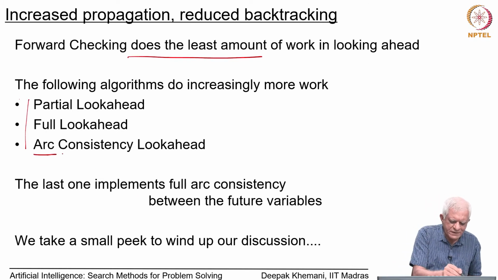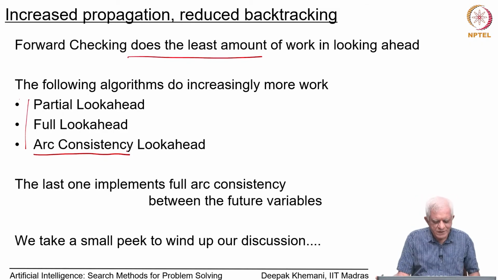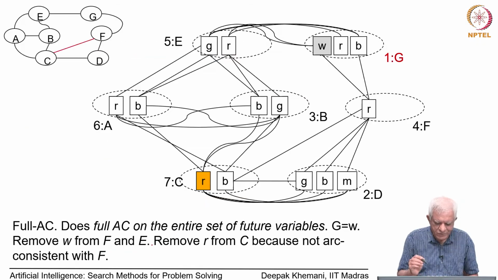The last one does full arc consistency, and we will just see a glimpse of what happens when we use this form of look ahead, which does more work than forward checking. So, we take a small peek, we will not go the whole length. We have selected this value W, the first value for the first variable, and we have removed W from here.